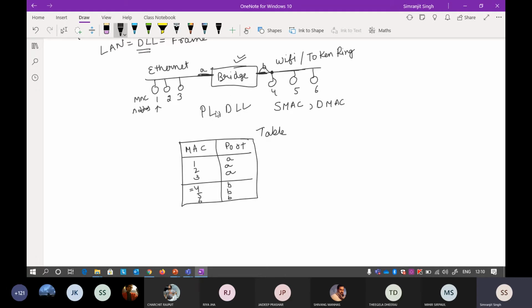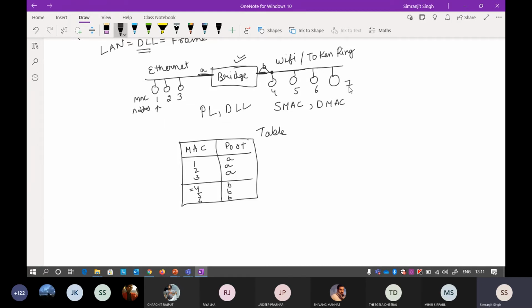When the bridge was made earlier, in the starting, there was a problem with the addition of devices in a LAN. Suppose in a LAN there is a Wi-Fi, you take a smartphone and connect it, and that smartphone was not previously part of the network.